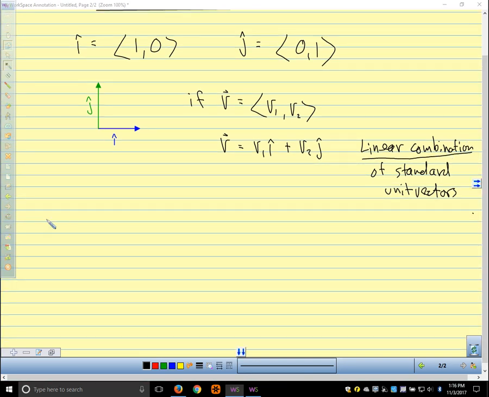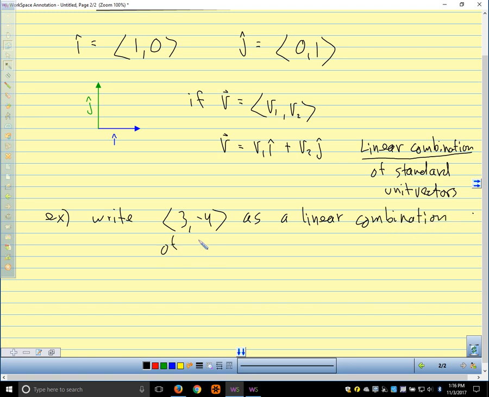So, for example, the question you might be asked along these lines is: write <3, -4> as a linear combination of the standard unit vectors.